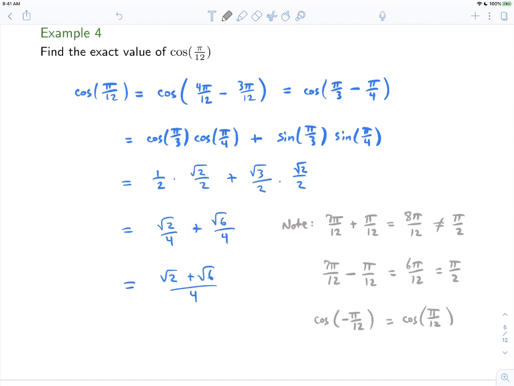And cosine of minus pi over 12 is sine of the complementary angle, and we saw that that was the same thing as sine of 7 pi over 12. So again, it's no coincidence that the value that we got this time was the same as the value in the previous example.